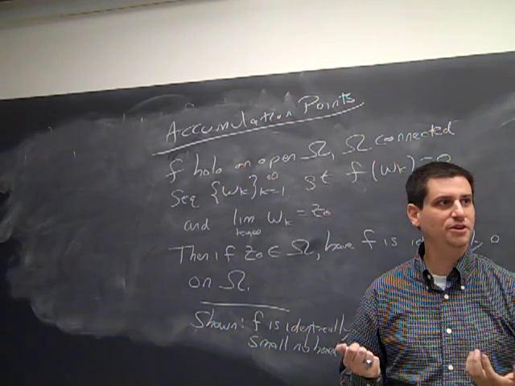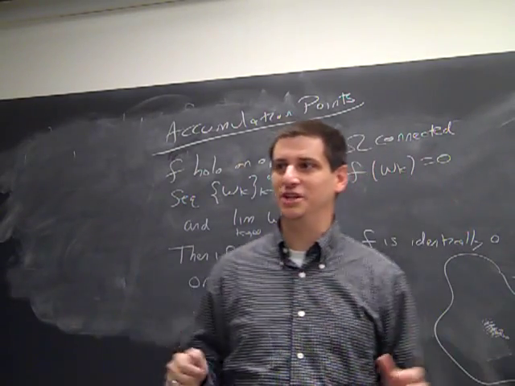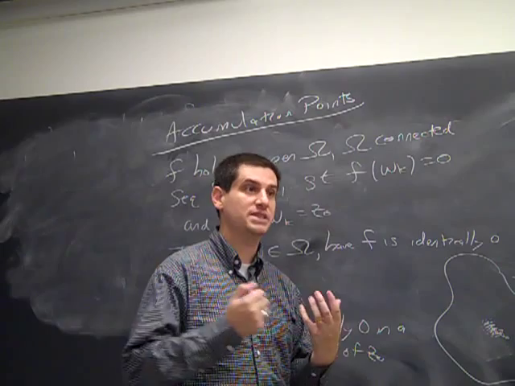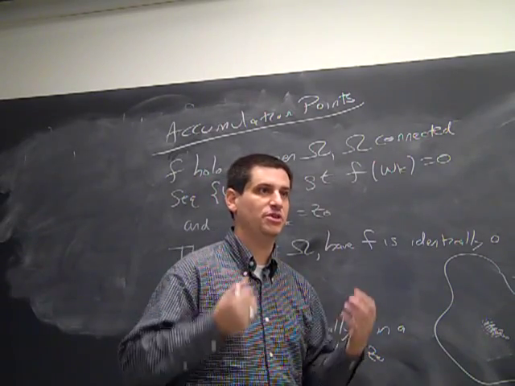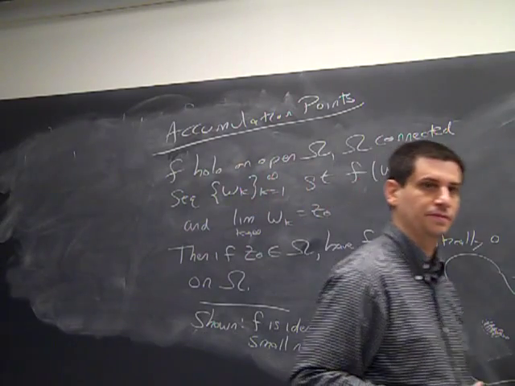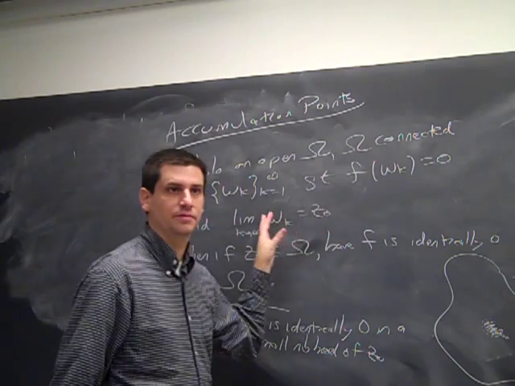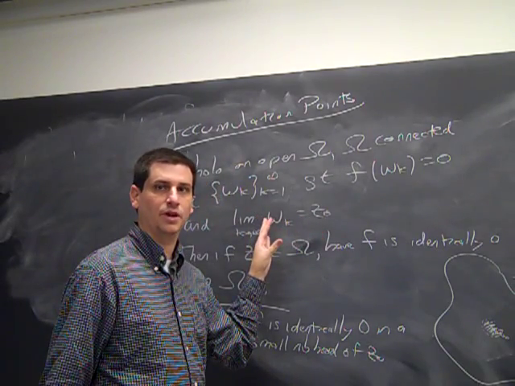Henceforth, all of our sets should be connected, because otherwise you just reduce the analysis to two different connected components. It makes sense to study sets that are connected, because if they're not, we'll just analyze each piece individually. Any questions about this theorem?